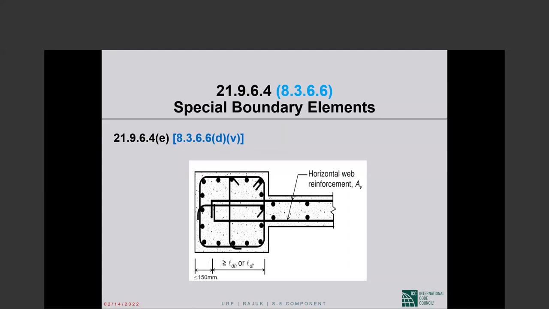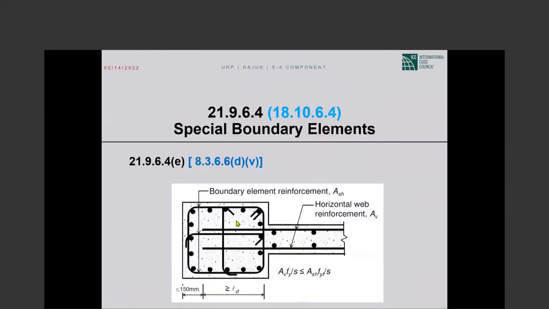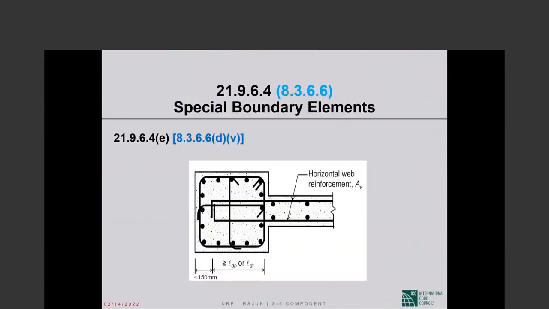And the anchorage requires that we have either hooked bar development length beyond the face of the boundary element, or headed bar development length if we are using headed bars. Now let us say L sub dh comes only up to here, or L sub dt comes only that far. ACI 318 says even if that happens, bring the hooked bar to within 6 inches of the end.